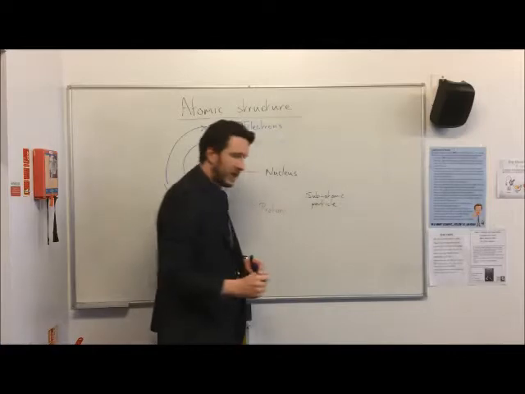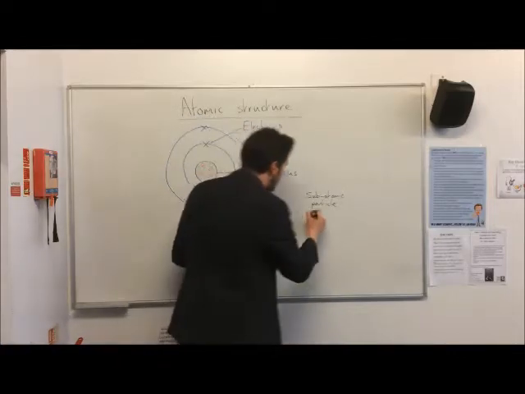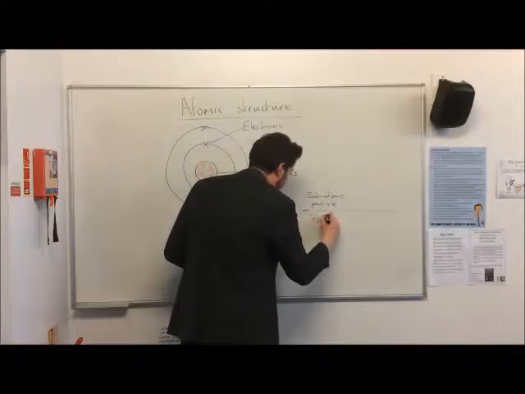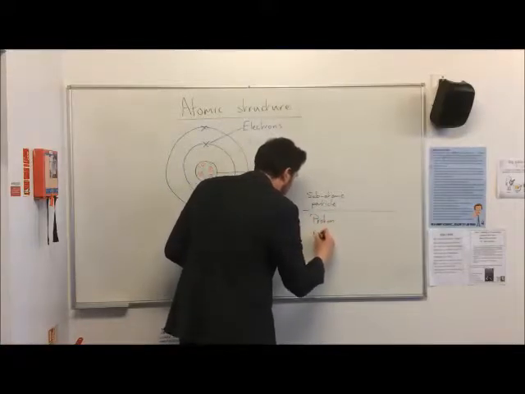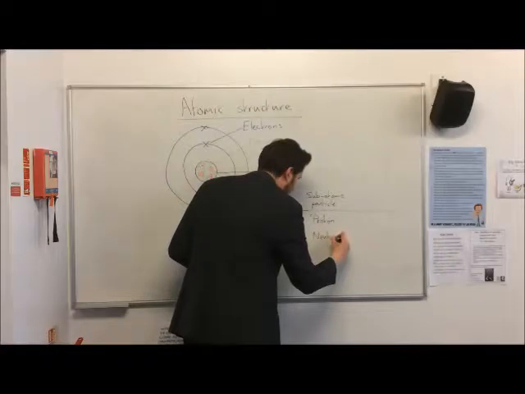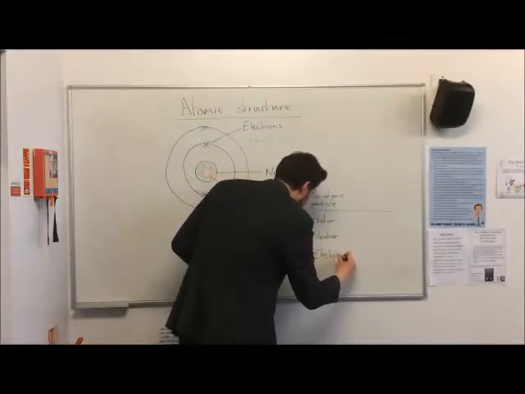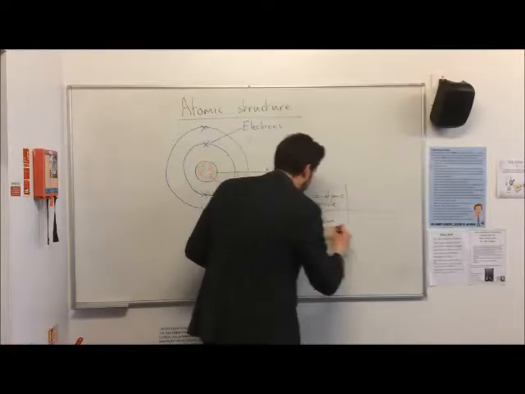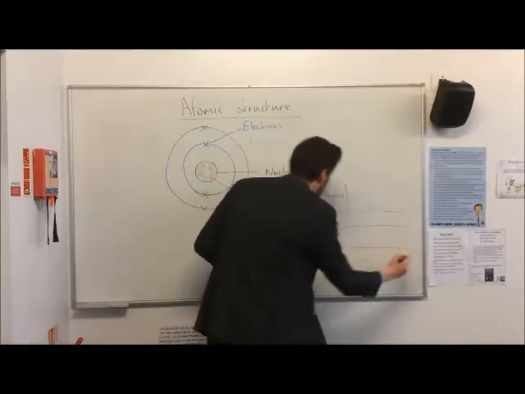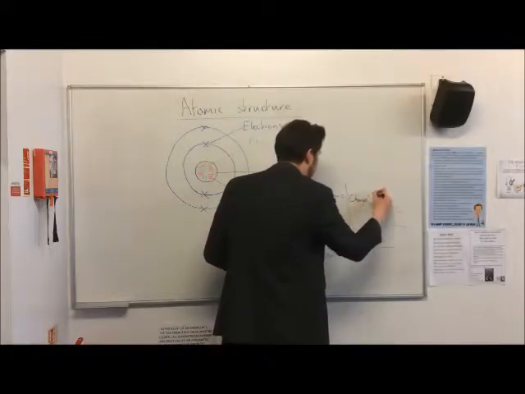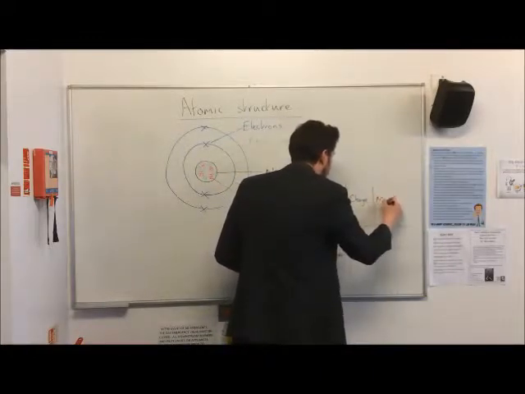I'm not going to draw out a proper table here just to save time, but we have the proton, the neutron and the electron. And we need to know their charge and their mass.